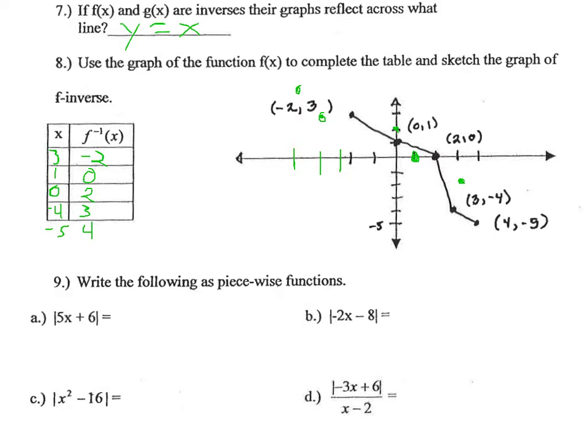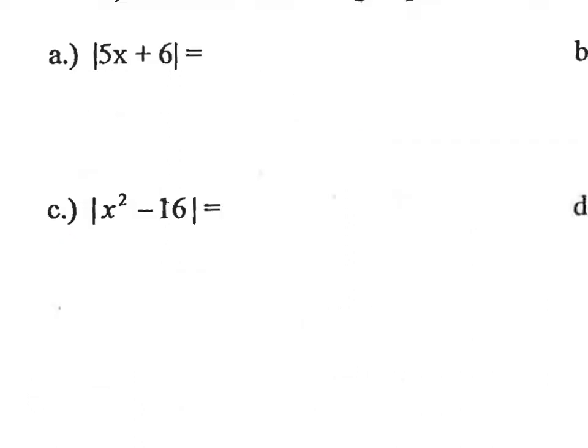So our inverse will look more or less like that function. For writing absolute value functions as piecewise, we first want to know where our function is greater than or equal to 0. So I'm going to first solve that.